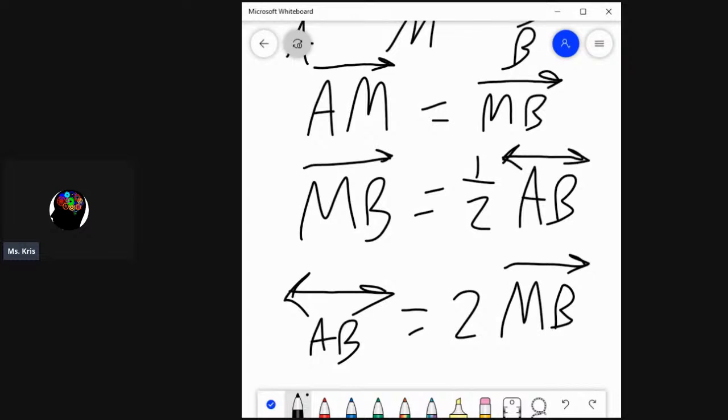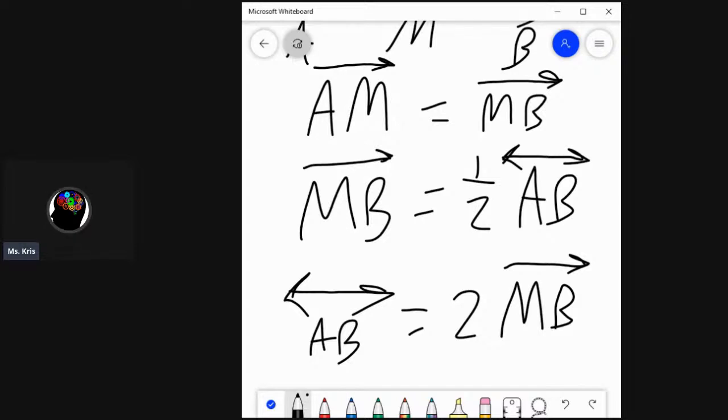So either way you split it, know that when you're trying to find the measurement of the other side of the line or the measurement of the line as a whole, you can find that information based on what you're given.